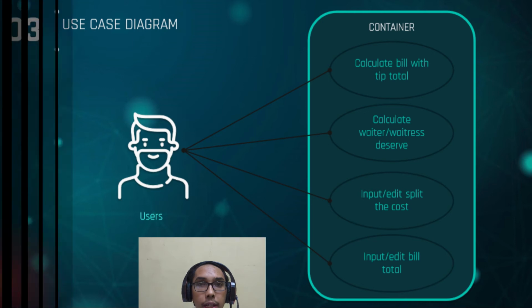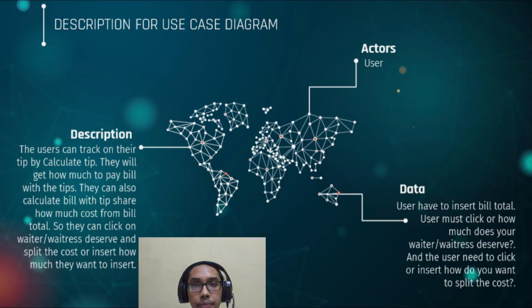Now, I will explain the description for the use case diagram. The actor is the user. The user can track their tip by calculating the tip. They will get how much to pay for the bill with the tip. They can also calculate the bill with the tip share, how much cost from the bill total.